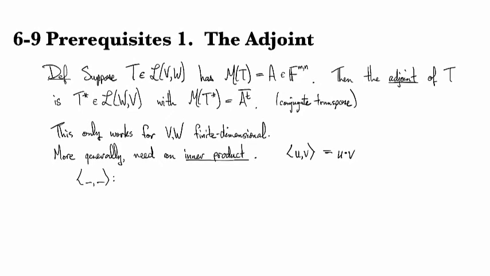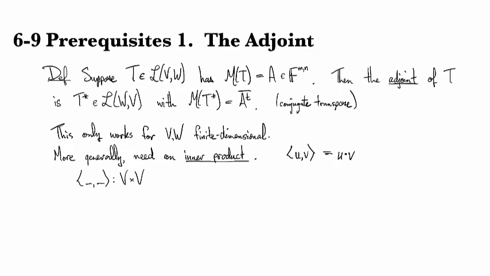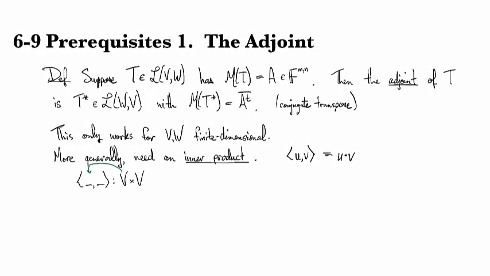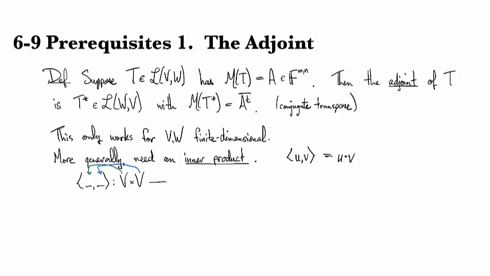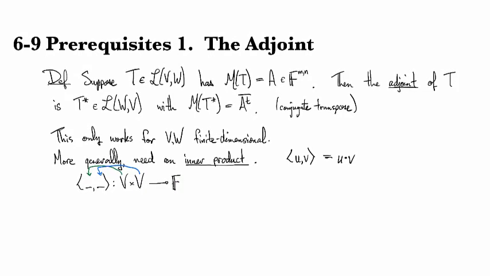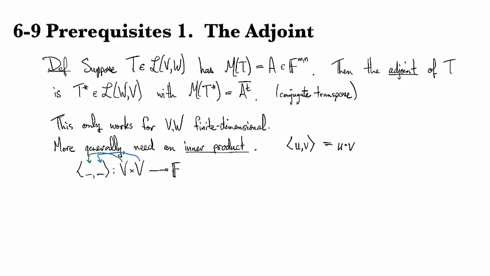So this is going to be a map from V cross V, because it takes two variables, right? You've got one from the first guy going in here, and then you've got one from the second guy going in here. So it's a map from two variables to the underlying scalar field. So the result of an inner product is always a number. And it needs to satisfy certain properties.